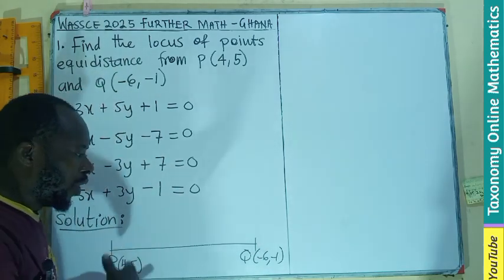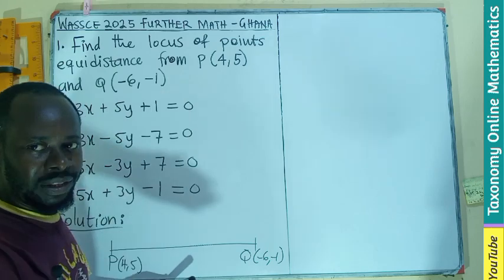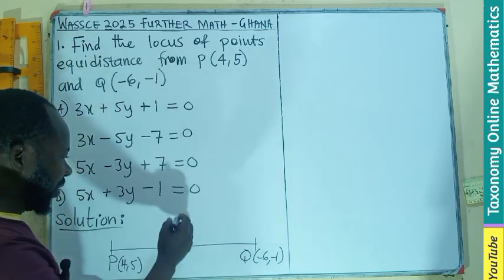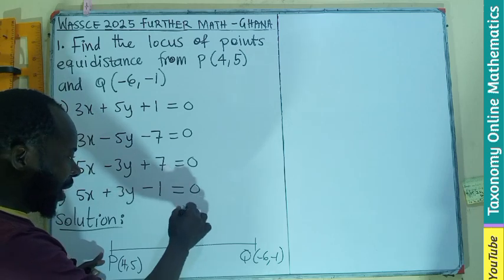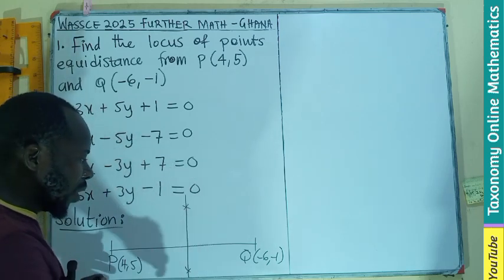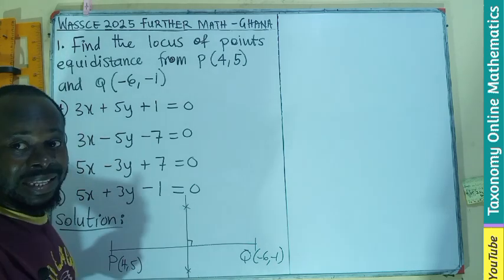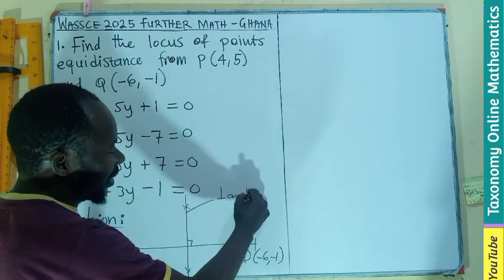If I'm asked to find a locus which is equidistant, meaning at the middle of these, I can make my construction and bisect this line, and call it the perpendicular bisector. So this is our perpendicular bisector.